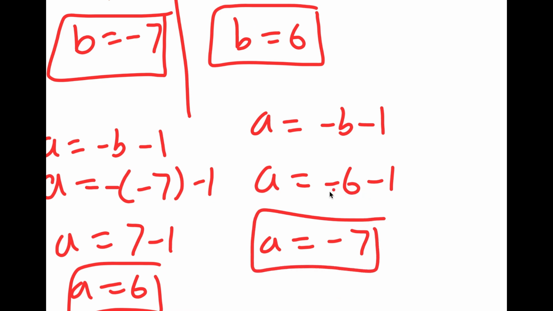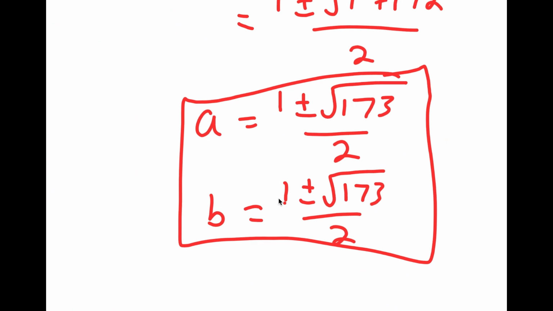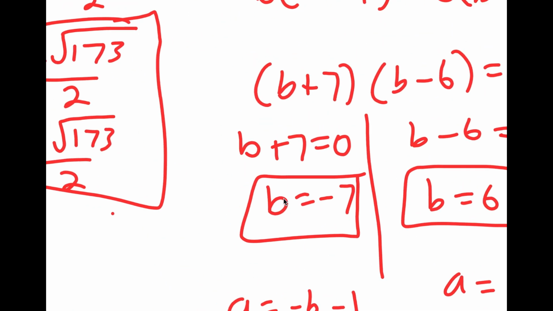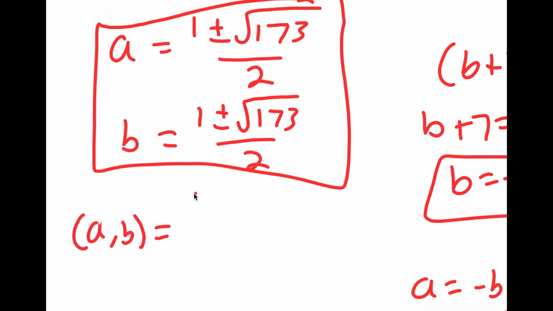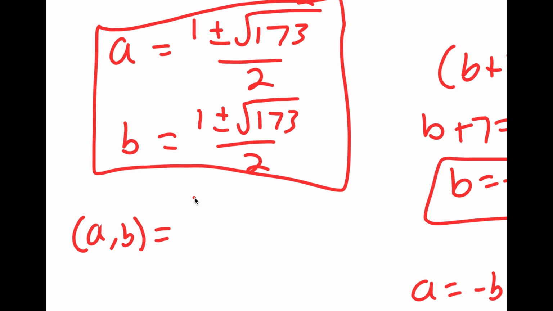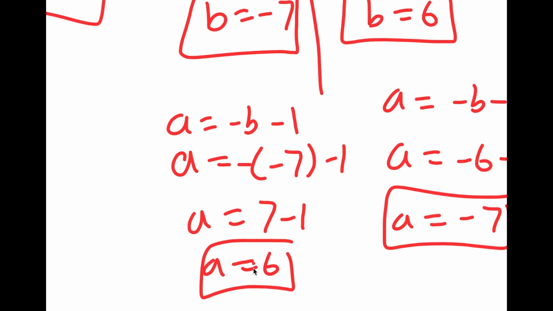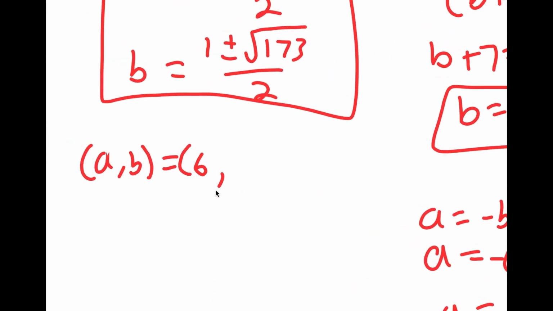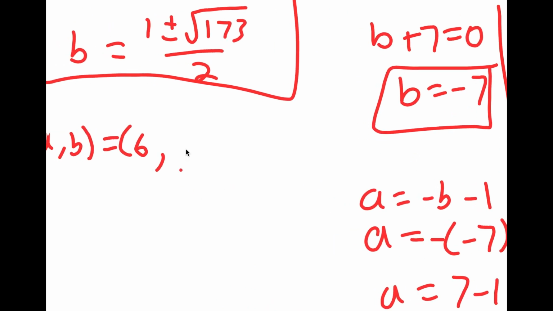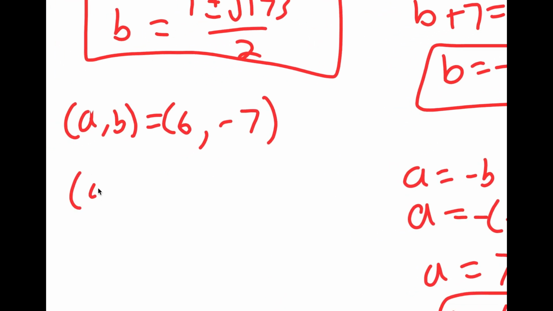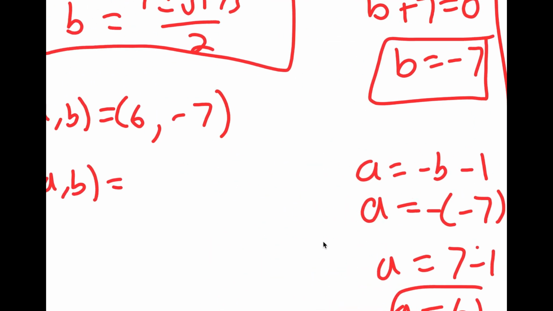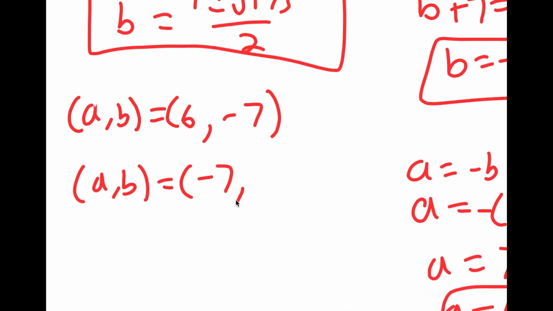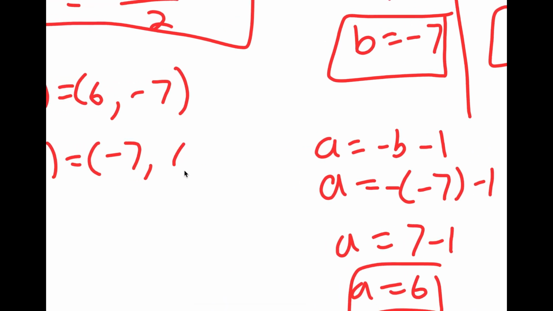So we have a couple different solutions here. Our first one is a equaling 6, and when a equals 6, b equals negative 7. Our second one is a equaling negative 7 and b equaling 6.